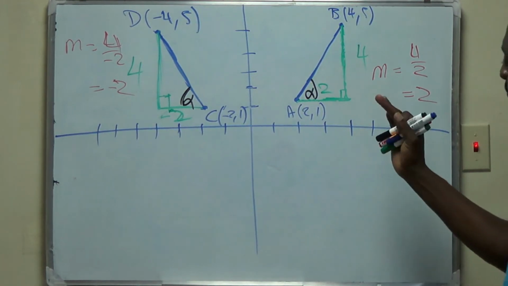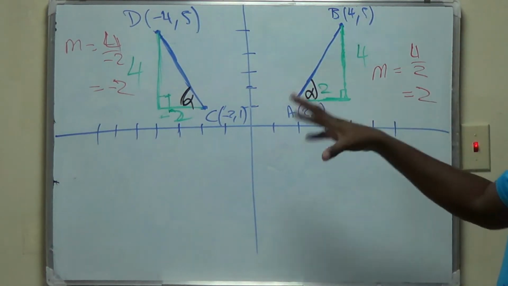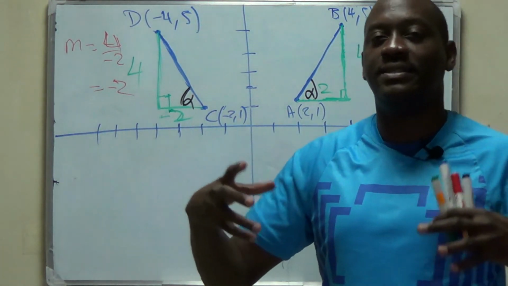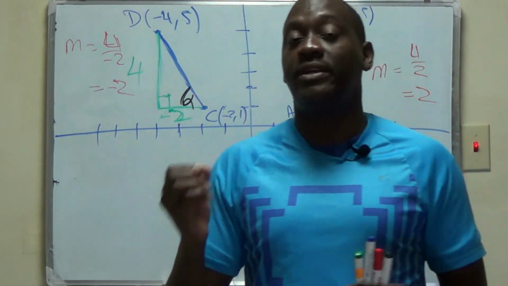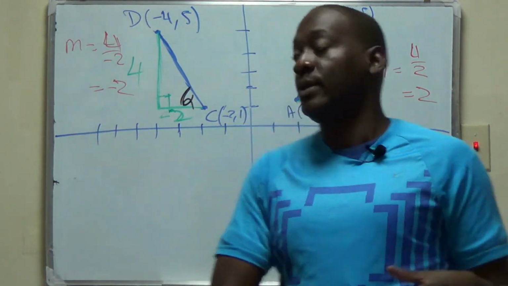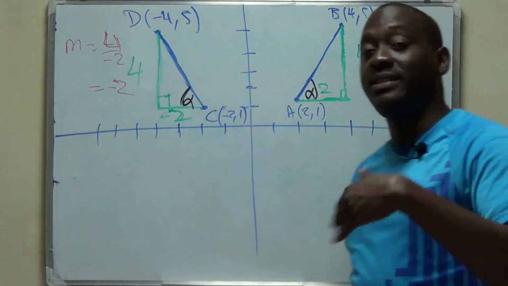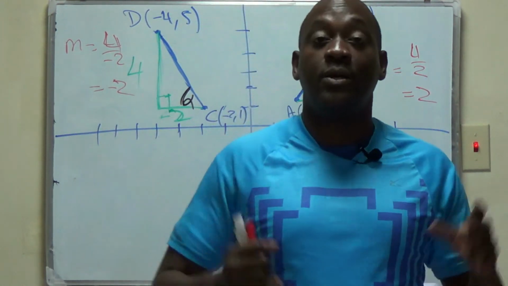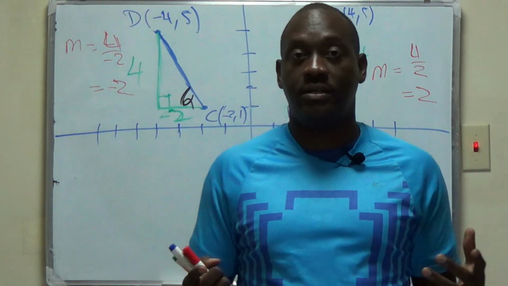So we have put the two lines on the board and we have been able to demonstrate the concept of the gradient. Now what we're going to do is start putting a formula together so that we could then just find the gradient by simply substituting the coordinates into the formula without the need for this, right? So we're now putting ourselves in a position where once we get the coordinates of any 2 points on the line, we could find the gradient of the line without necessarily having to see the line on a sheet of graph paper.